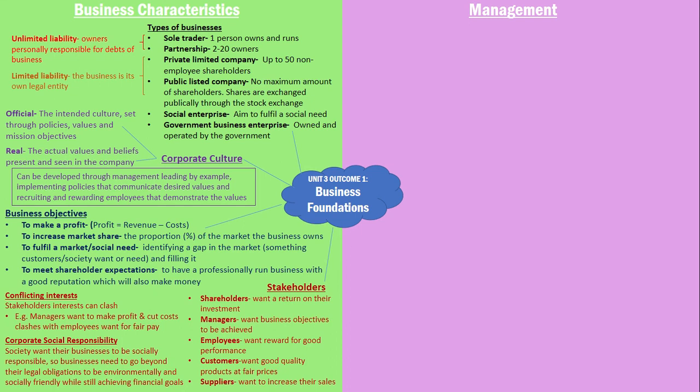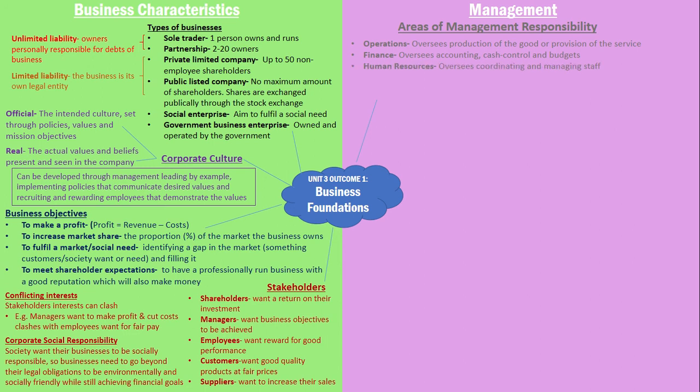Now let's move across to our other content knowledge on management, starting with the different areas of management responsibility, the different parts of the business which require different management. The operations managers are responsible for producing the good or service. Financial managers, as the name suggests, cover the financial aspects.